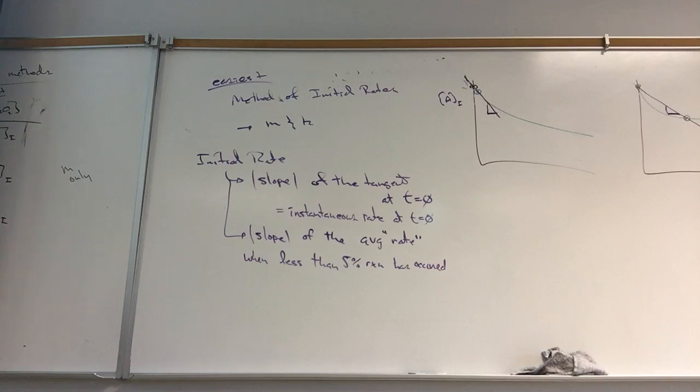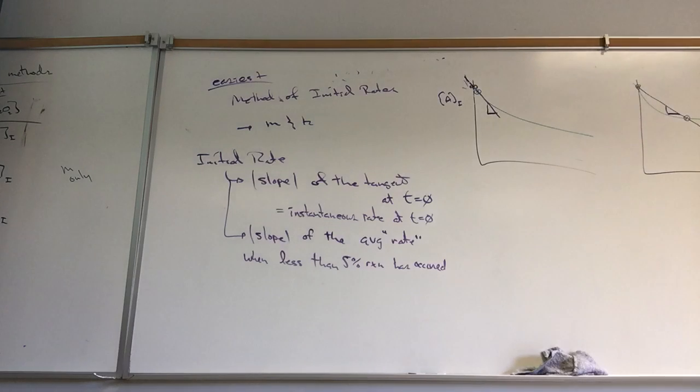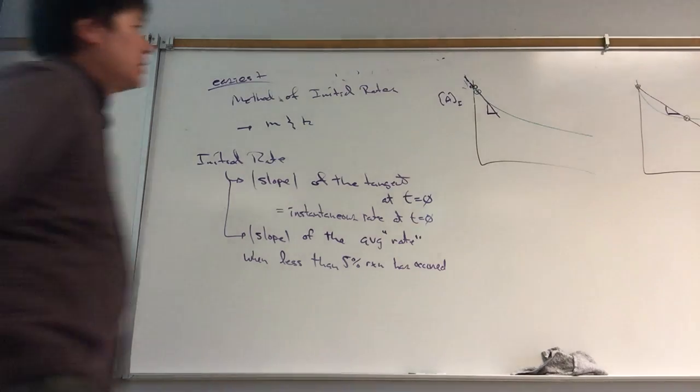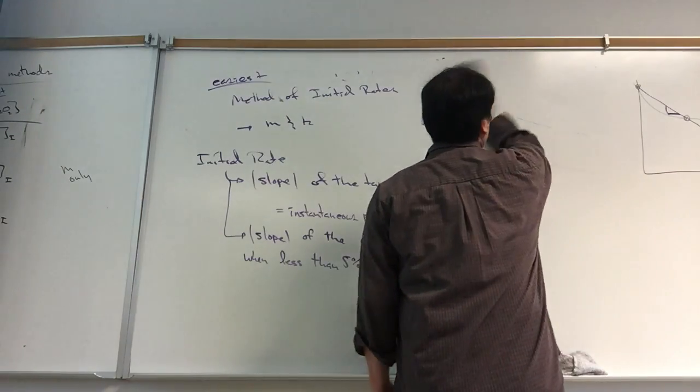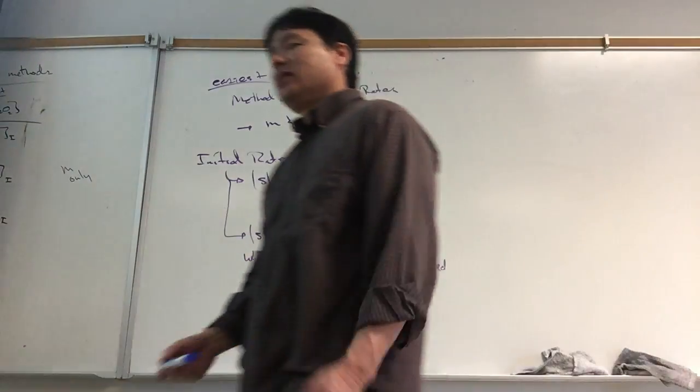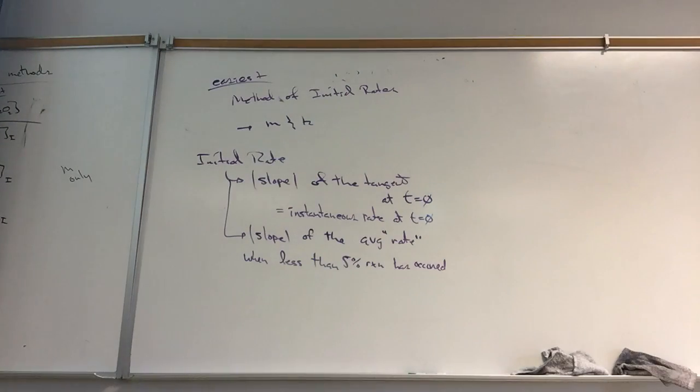All right. And so if I wanted to figure out the initial rate here, this is what I do. I'd figure out the slope here, and then what I do is I double the concentration and see what happens to the rate, right?